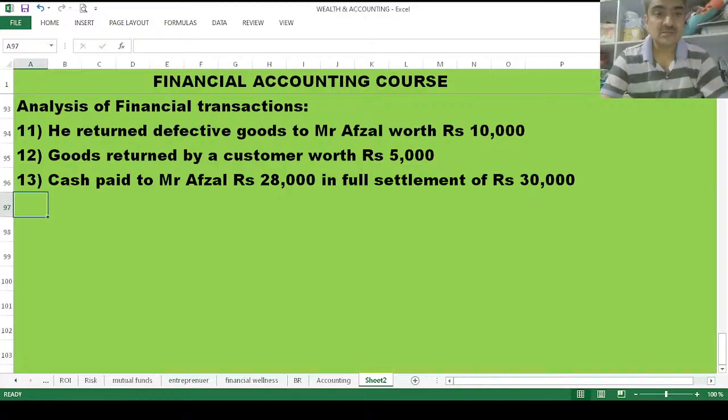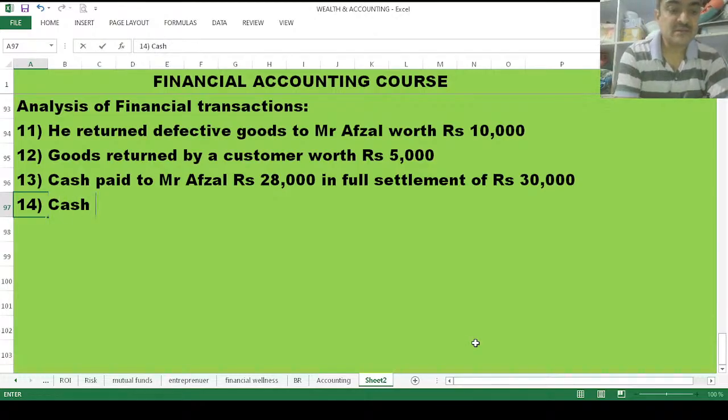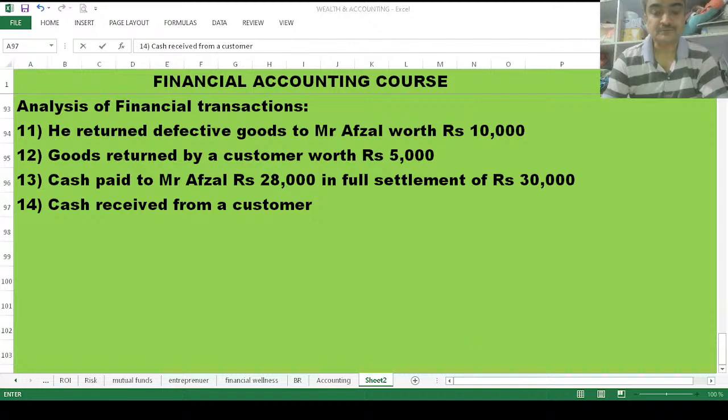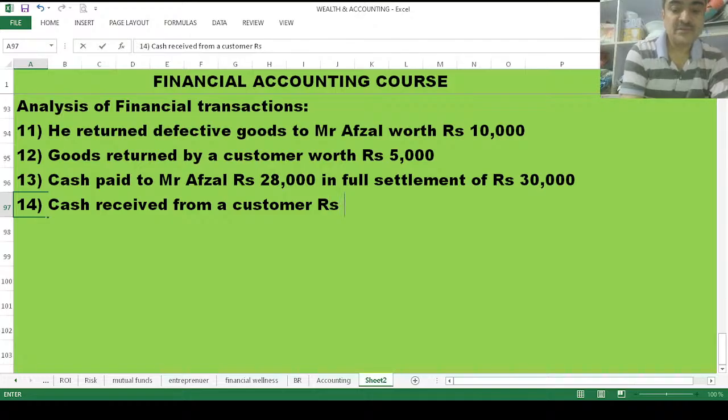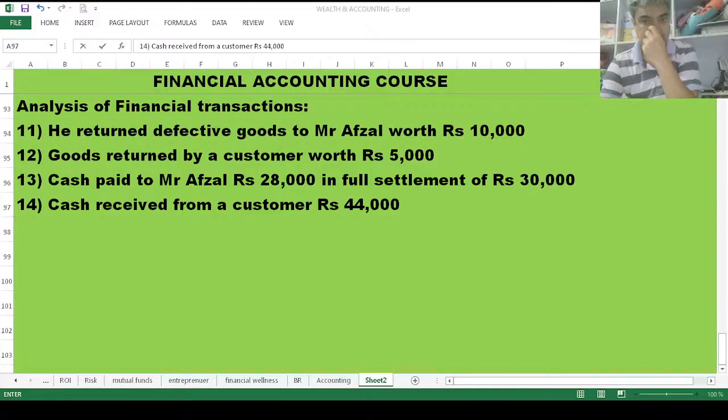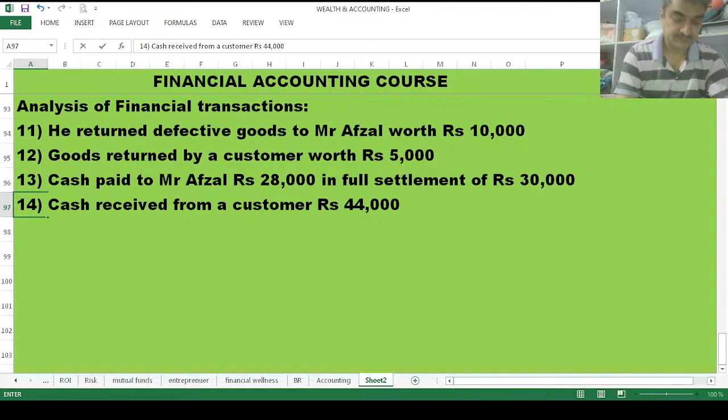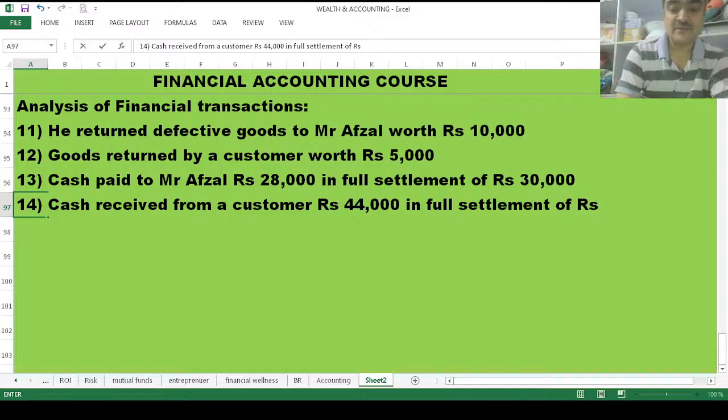The next transaction is number 14, which says cash received from a customer rupees 44,000 in full settlement of rupees 45,000.